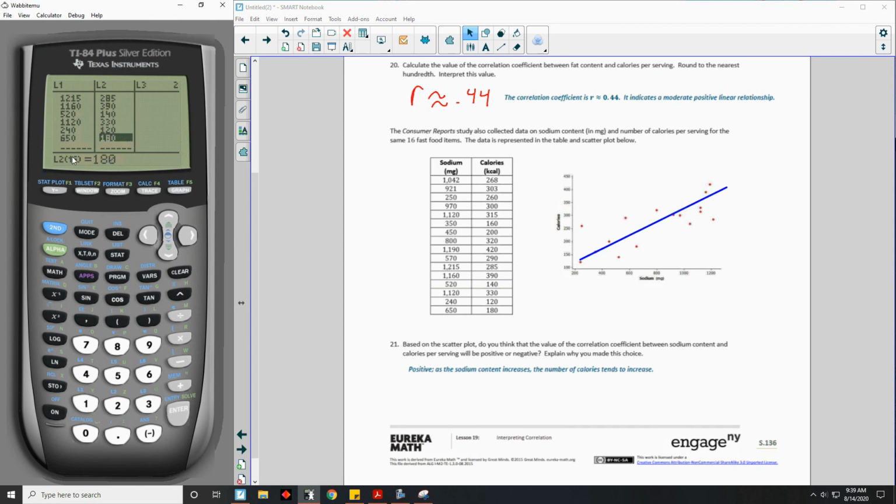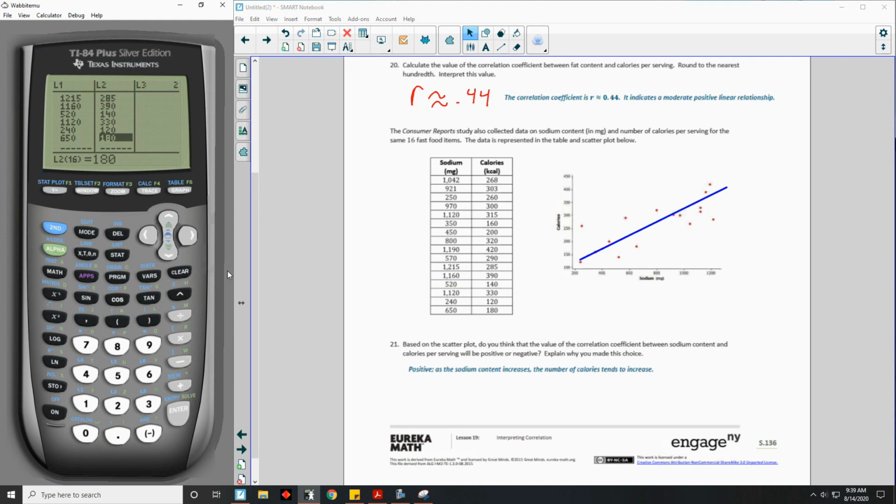Okay, so I make sure that there's the same number. There's not another one down here or another one down here with nothing next to it. So there's no mismatch error. There are 16 entries. There are 16 here.